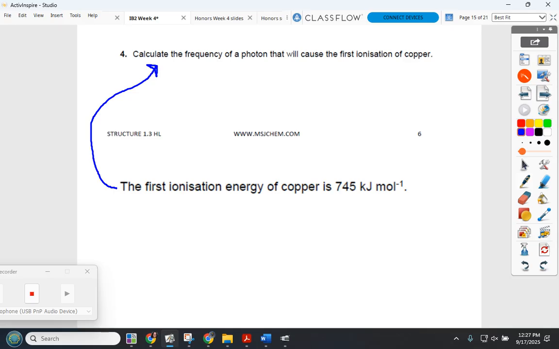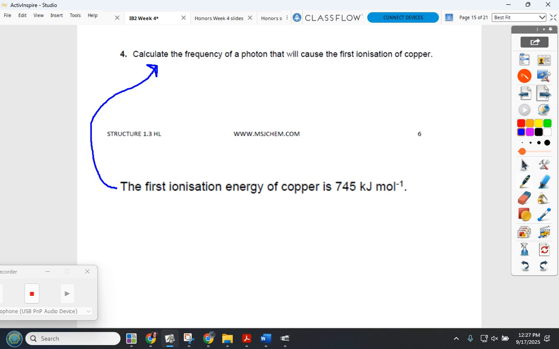Now, you could actually, in your data booklet, now that I'm thinking about it, go to section 9 of your data booklet, and this has first ionization energy, electron affinity, and electronegativity of the elements.